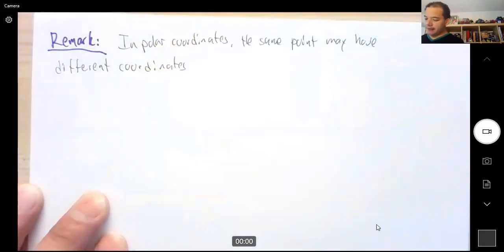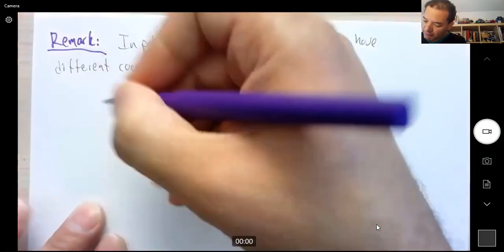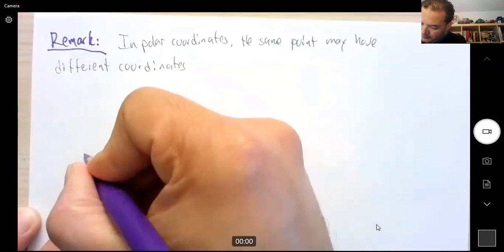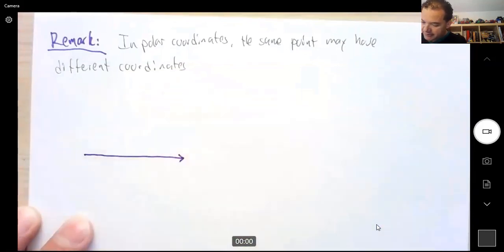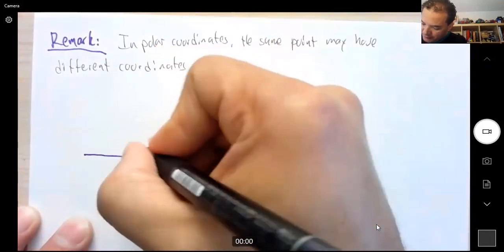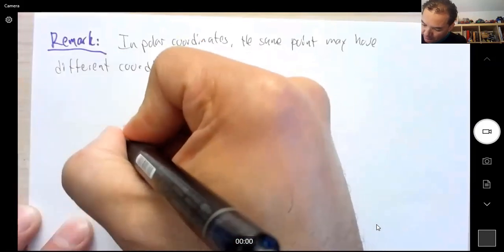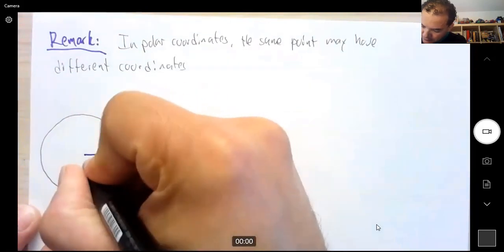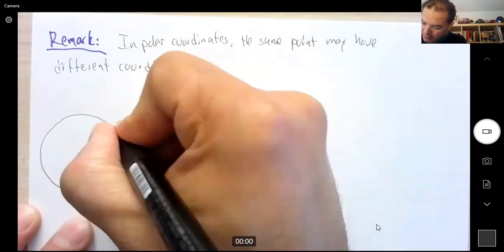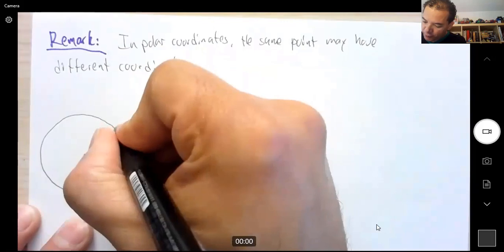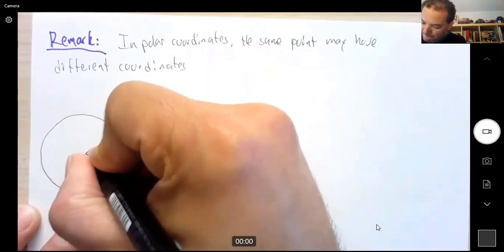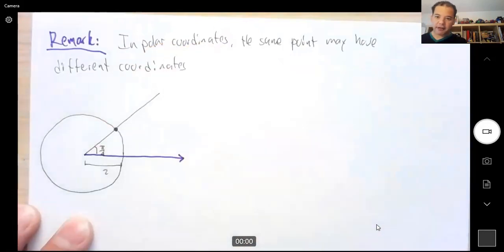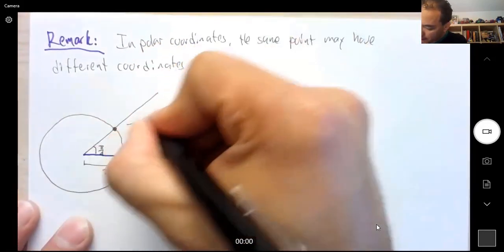All right, and as an example, I'm gonna talk to you about this one over here. So I'll make it super simple. Let's talk about this point where this is radius, say 2. So this distance is 2. And we go at 45 degrees, pi over 4. All right, so what are the polar coordinates of this point?